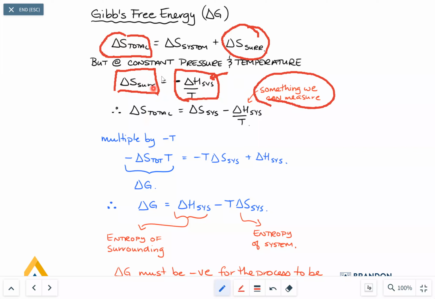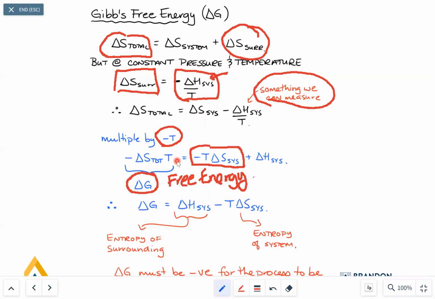So they basically manipulated this equation by multiplying by minus temperature to give us entropy total times the temperature. And they give this a new sort of thing called free energy. And there we've got minus T delta S of the system and delta H of the system.